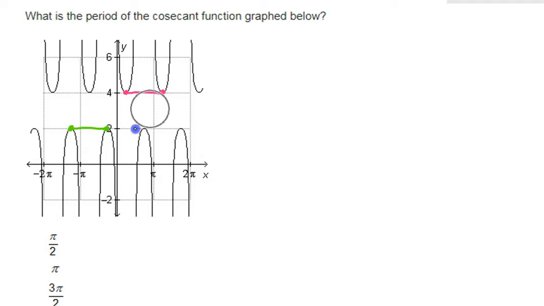Now, when I first glance at this, I would love it if I could look down and see some marks or something that indicates exactly where this starts and exactly where it stops. I don't have that, so I'm going to have to use my common sense a little bit. So I'm looking at the markings on this graph.